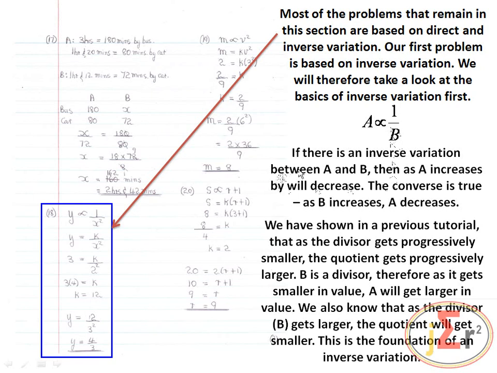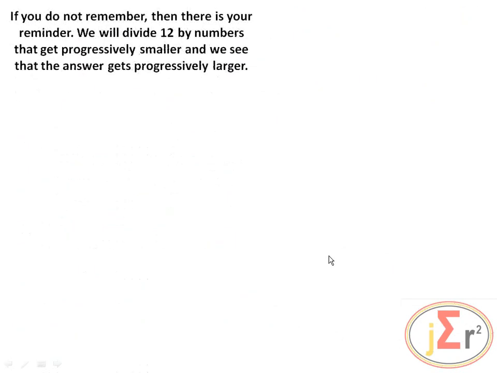And we have that as a requirement of an inverse variation. As B increases, A decreases. If you do not remember, then there is your reminder.